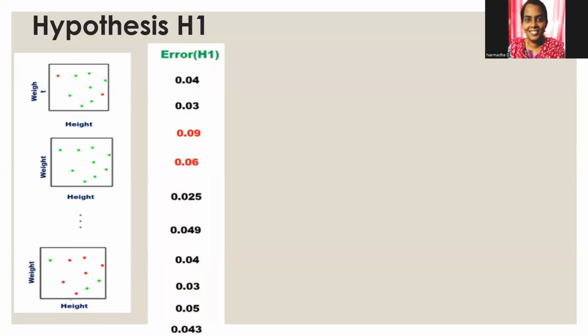For the first subset of instances, the error produced is 0.04. For the second, it is 0.03. And it goes on for the different subsets of instances we have chosen to train the model. Let us assume, as an assumption, that epsilon, the error limit, is 0.05, and the probability value delta is equal to 0.20.